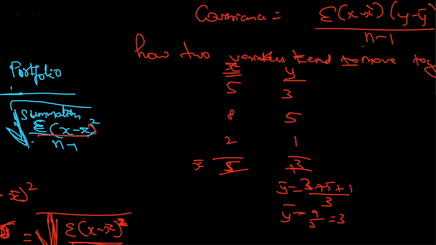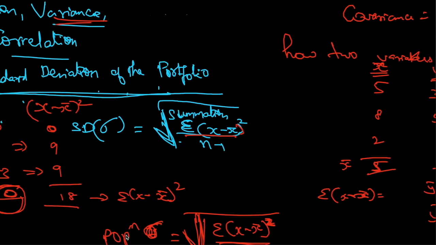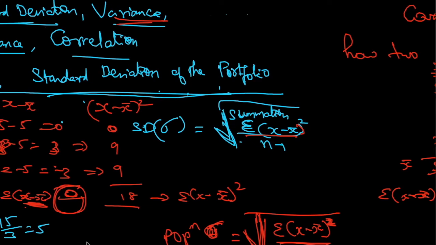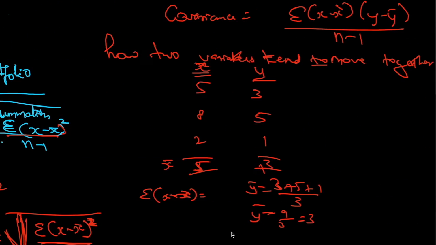So now summation of x minus x bar we have already done. So here how I will be doing is summation of x minus x bar, but it is not alone, I also have y minus y bar.